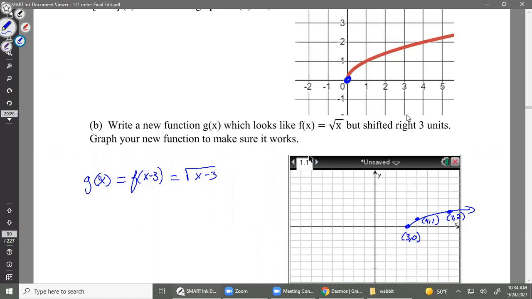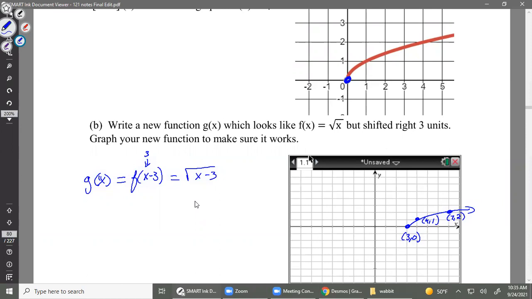So when I plug in a 3 for x, I want it to have that 0 output. I need to do something to this x so that when I plug in a 3, I get a 0 y value out. So 3 minus 3 gives 0, and the square root of 0 is 0. So it's a little backwards on these.